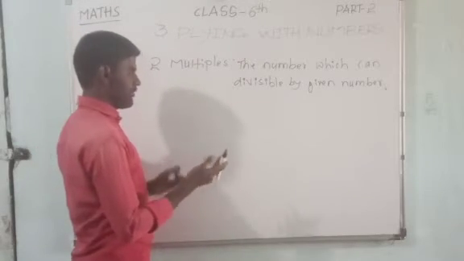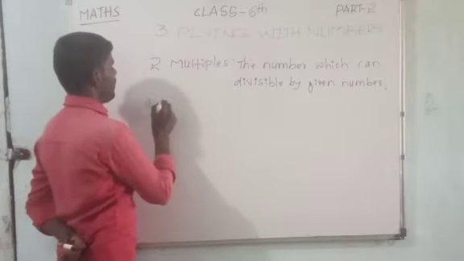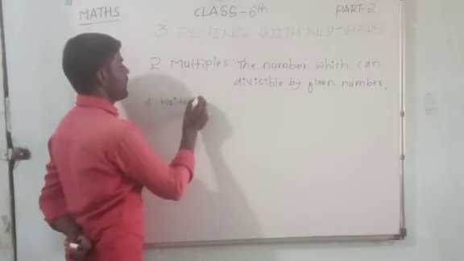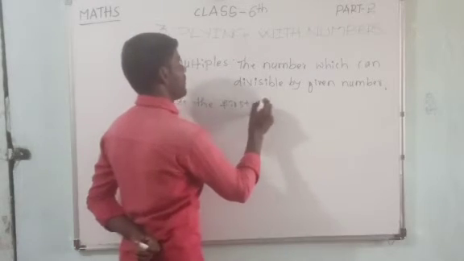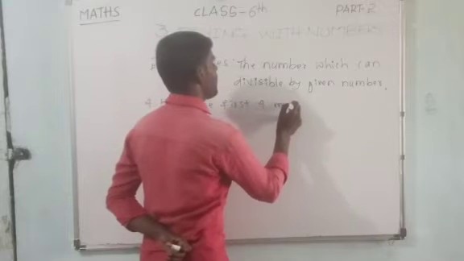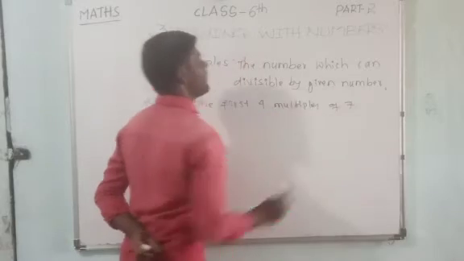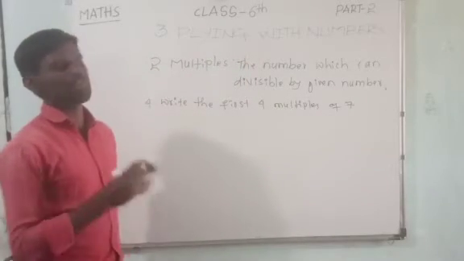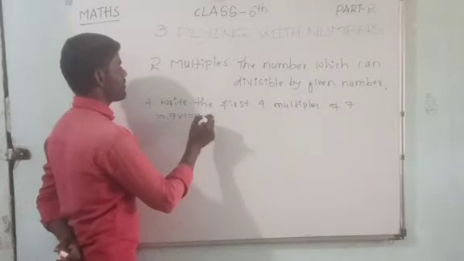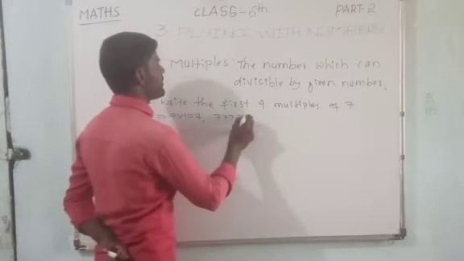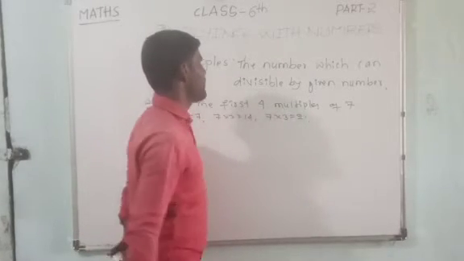Example 4. Write the first four multiples of 7. 7 into 1 is equal to 7, first multiple. 7 into 2 is equal to 14, second multiple. 7 into 3 is equal to 21, third multiple.